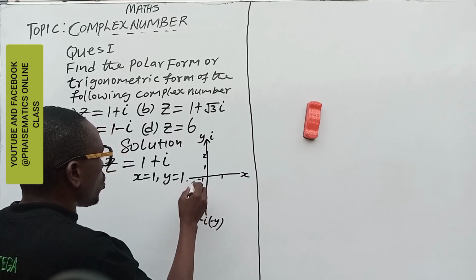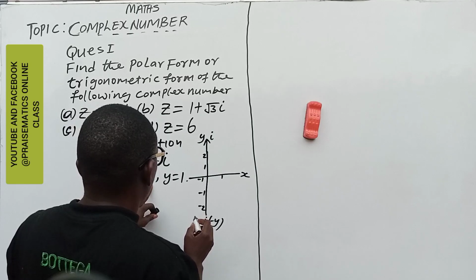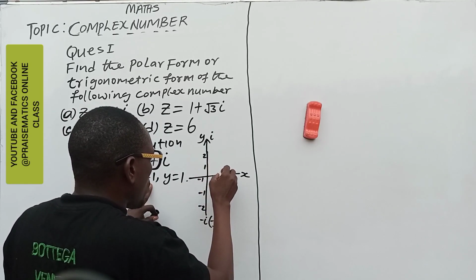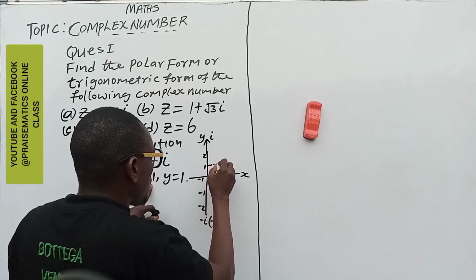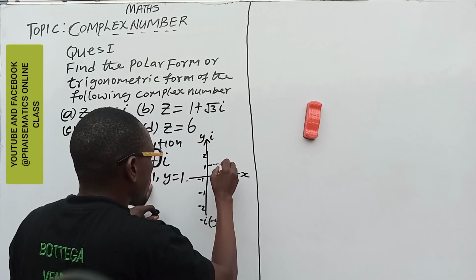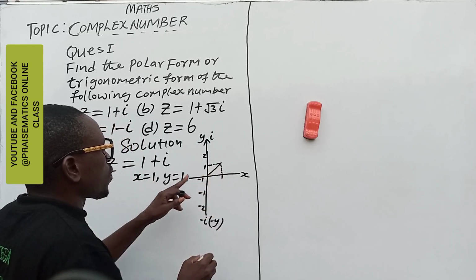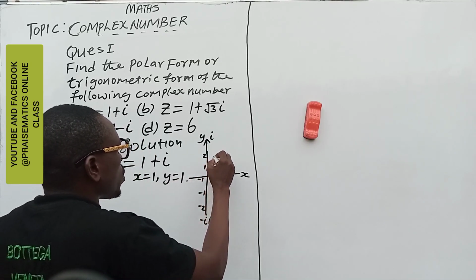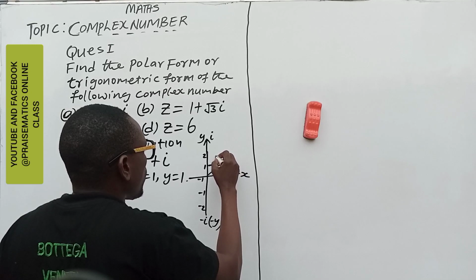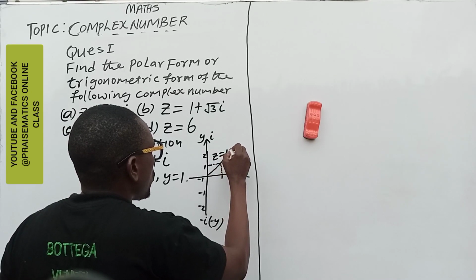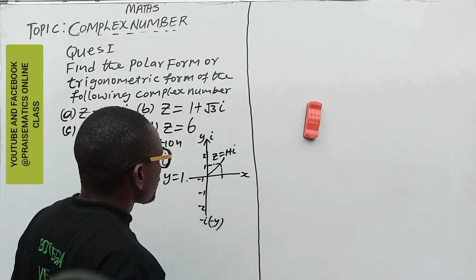So now when x is 1, y is 1. This is the place from here. So this question falls in the first quadrant, where z is equal to 1 plus i.